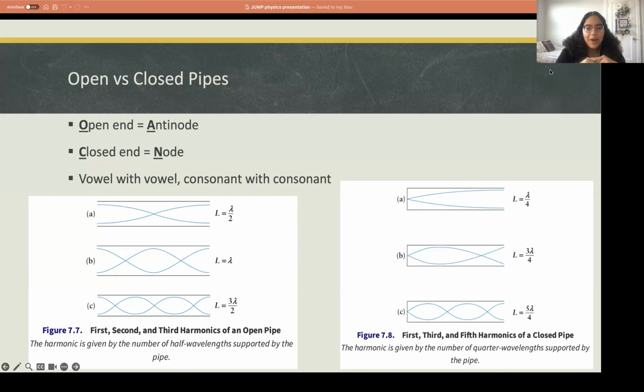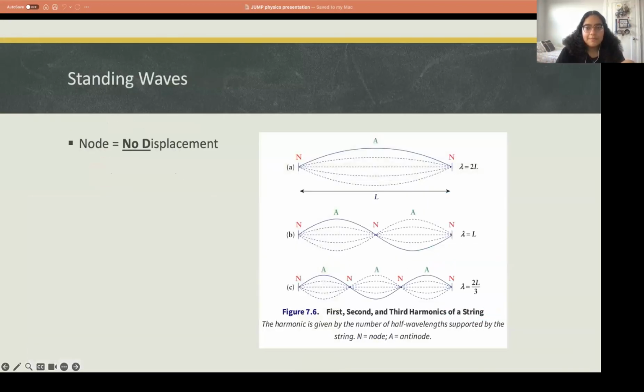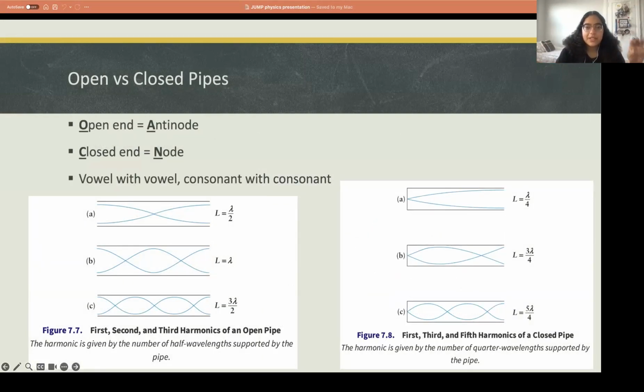You can also just think about how many ways can I actually make this happen. The simplest way you can make it happen will be your first harmonic. So if we go back, the simplest way to go between 2 closed ends is just loop over. And then for here, the simplest way to go from an antinode to another antinode is to just go from up to down or down to up.